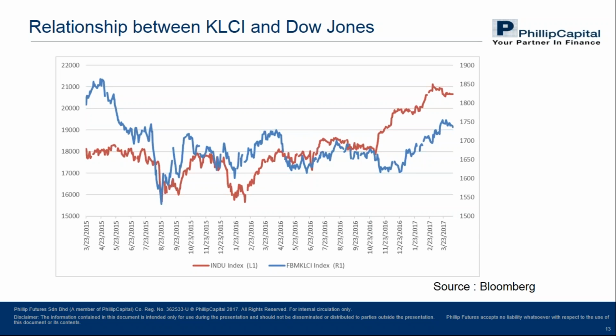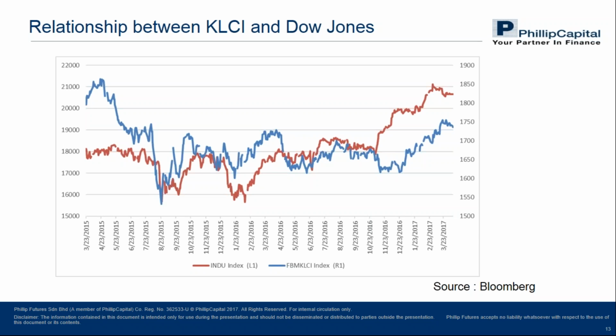Now a lot of people will mention that KLCI has a very close relationship with the Dow Jones. If you look at the chart here, which I just showed you, the red color is the Dow Jones index, and the blue color is your KLCI index. You can clearly see they are quite parallel. Just that in recent times the gap gets wider, but the overall trend remains the same.